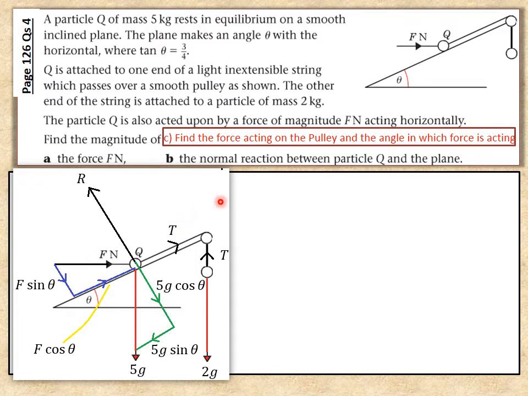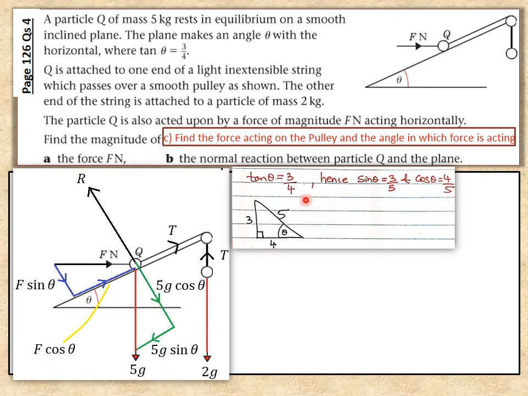Now let us look at the trigonometry involved in this question. They gave us tan theta is 3/4. You remember in trigonometry we studied that if you know one trigonometric ratio, you can use Pythagoras theorem to complete the triangle and find all the others. So tan is opposite over adjacent, correct?